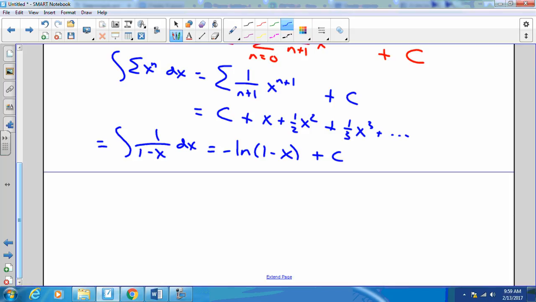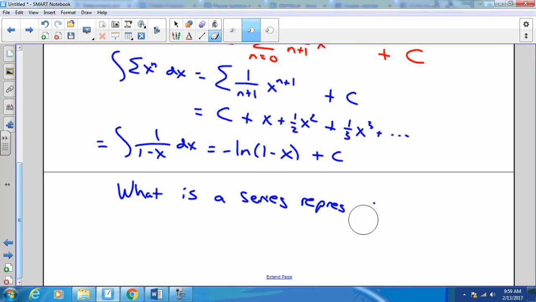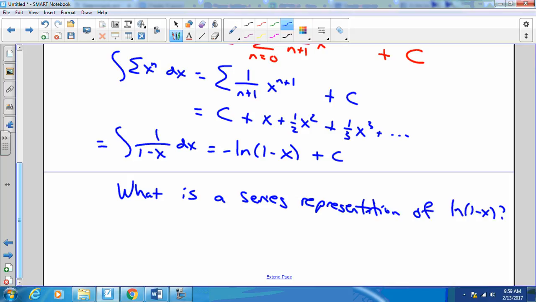By the way, what would this value of c be for the function ln of 1 minus x? What is a series representation of ln of 1 minus x? Well, let's take our work here and modify it just a little bit. We know that the negative of ln of 1 minus x plus c is equal to all of this.